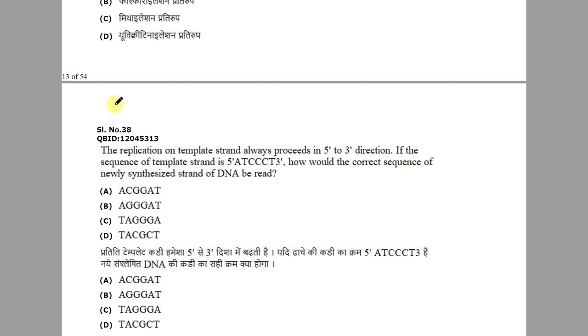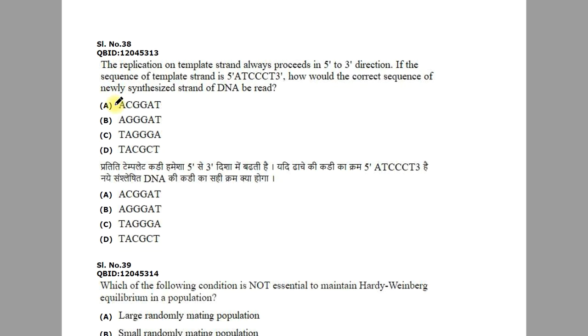Now question number 38. The replication on the template strand always proceeds in the 5' to 3' direction. If the sequence of the template strand is 5' A, T, C, C, C, T 3', how would the correct sequence of the newly synthesized strand of DNA be read? Here the sequences are written as A, C, G, G, A, T, and the others. Now you know the complementarity of the nitrogenous bases.